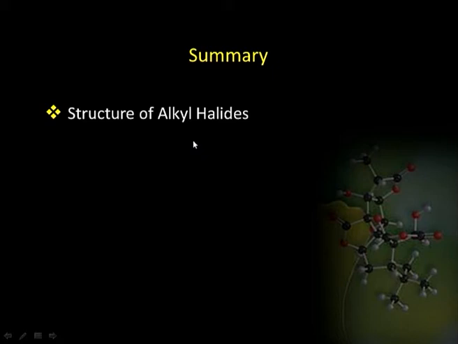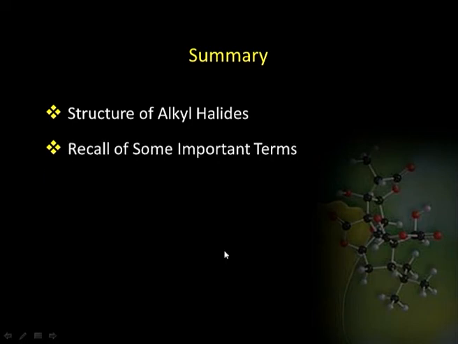Let us summarize what has been dealt with in today's lecture. We talked about the structure of alkyl halides because they are very important in understanding the types of reactions which these particular compounds undergo. We recapitulated some of the important terms which are used in general when we are talking about organic reaction mechanisms and organic reactions in general.